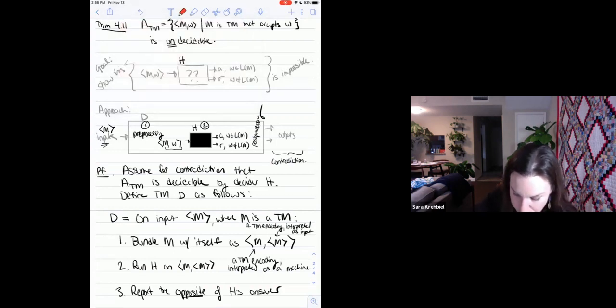I know that H accepts a machine and an input, but just say that that input is going to be the encoding of the machine. And then if H says yes, that machine is in the language of the machine, then I'm going to reject. But if H rejects, then I'm going to accept.